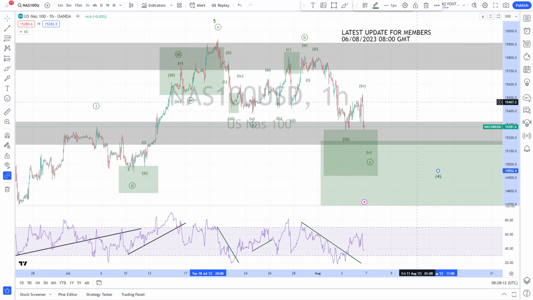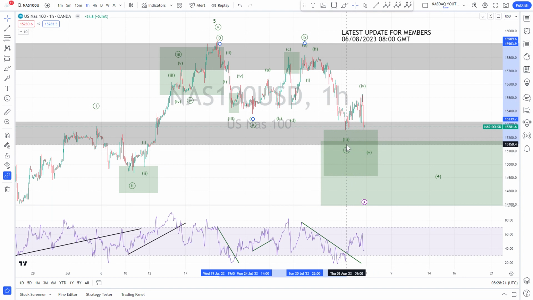However, it can also be that we do the double, which would mean maybe the wave C was already in here. So then we have a W X. This does not really look like an X, but it can be.